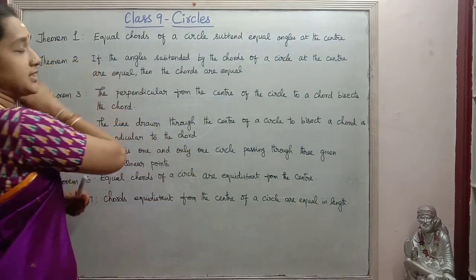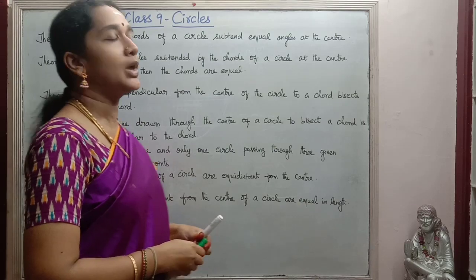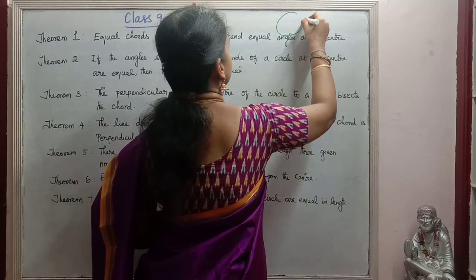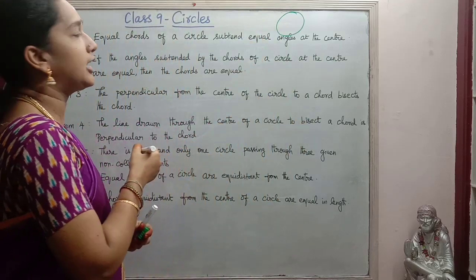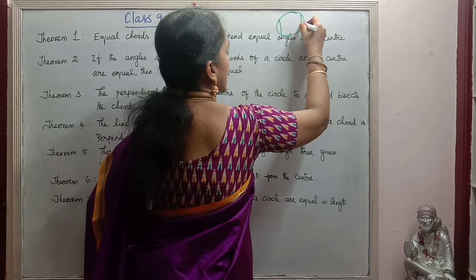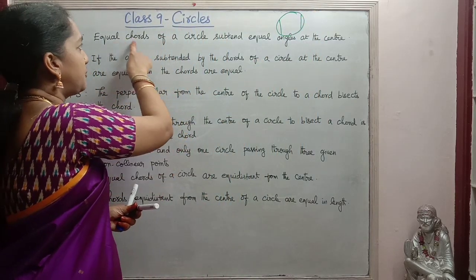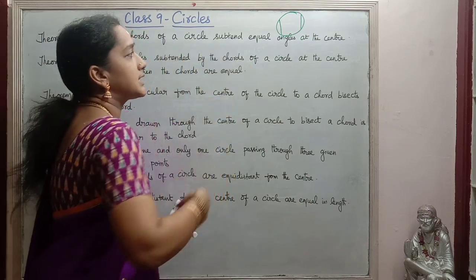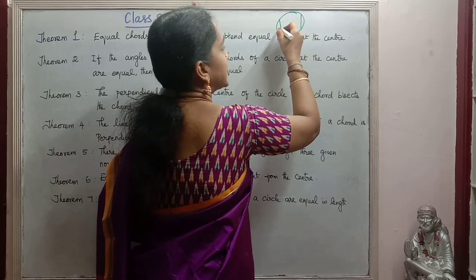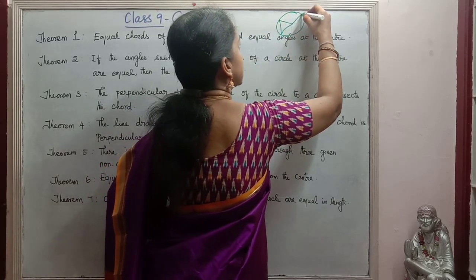So the first theorem is: equal chords of a circle subtend equal angles at the center. When we take a circle, if we take any two chords of equal length, they will subtend equal angles at the center.